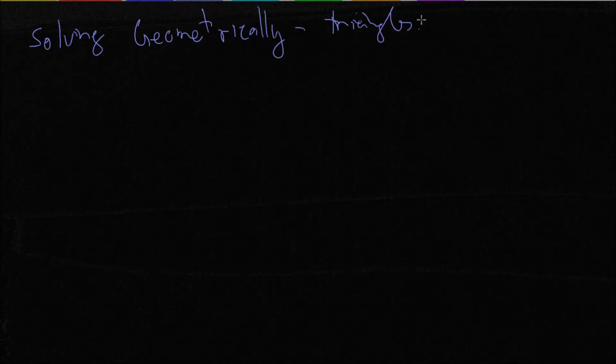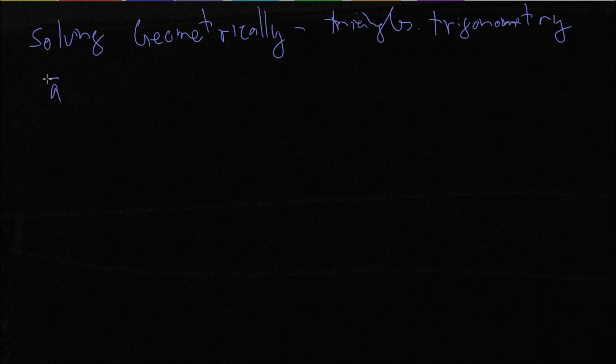So now that we've looked at solving vectors graphically, we need to learn how to solve vector additions geometrically, and that means with triangles, using simple trigonometry. Let's define our vectors.